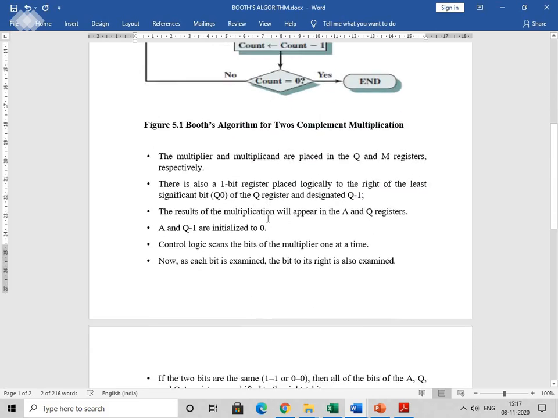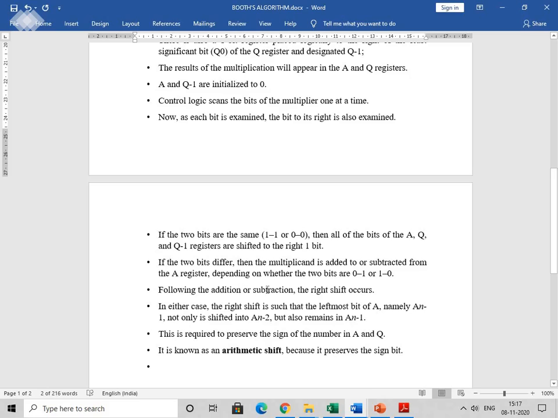Next, following the addition or subtraction, the right shift occurs. Okay. If the bits are the same, then also the right shift occurs. After an addition or subtraction operation, the right shift also occurs. Okay. So in either case, the right shift is such that the leftmost bit of A, namely A n minus 1, is not only shifted into A n minus 2, but also remains in A n minus 1, right?